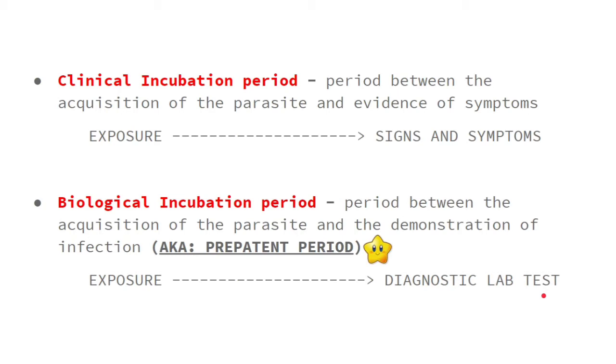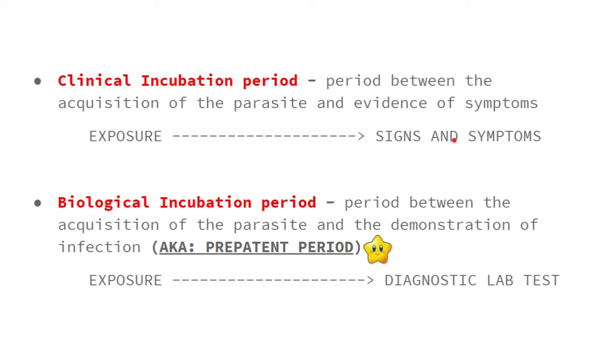Also additional, please do add this in your notes, additional information. Clinical incubation period. Clinical incubation period is the period between the acquisition of the parasite and the evidence of the symptoms. So, pwede nating sabihin na yung clinical incubation period ng isang parasite is like this. From the exposure or the acquisition of the parasite, hanggang sa mag-show ka ng signs and symptoms mo.